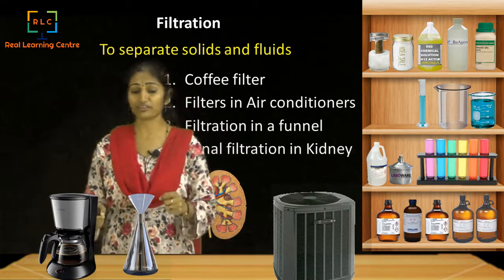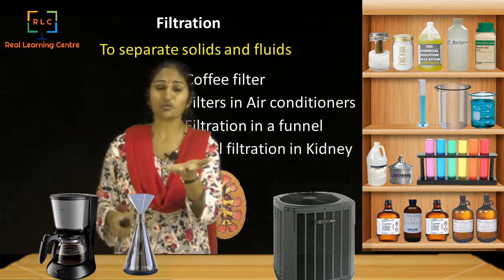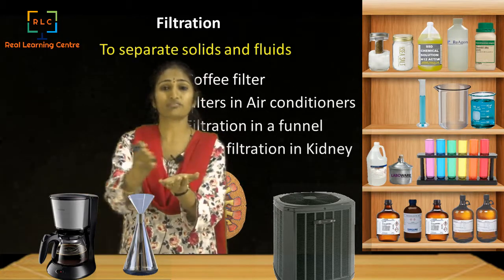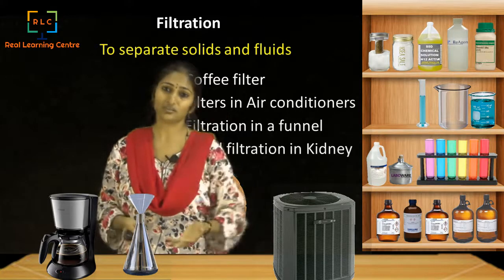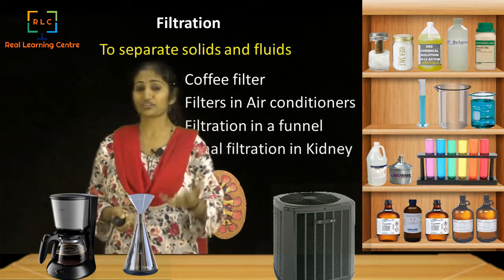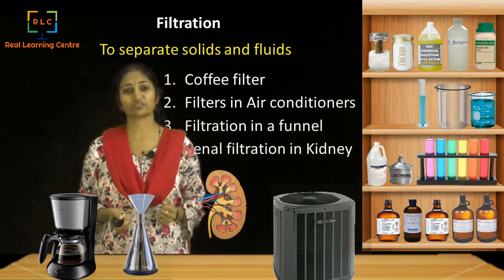So in a coffee filter, we see that there is a mesh which allows the liquids to pass through, but the solid coffee particles stay in the filter itself. Now this same technology is used even in our air conditioners.